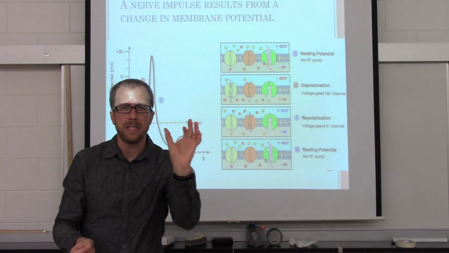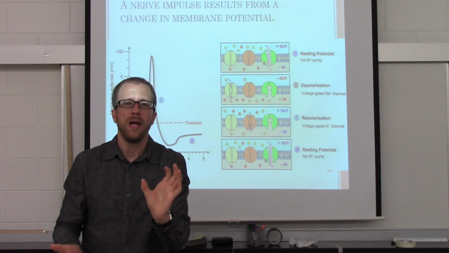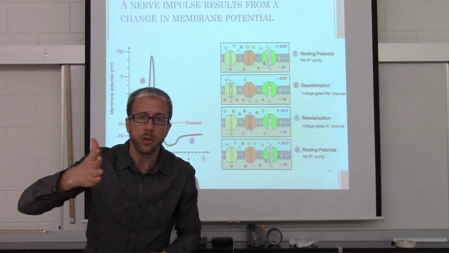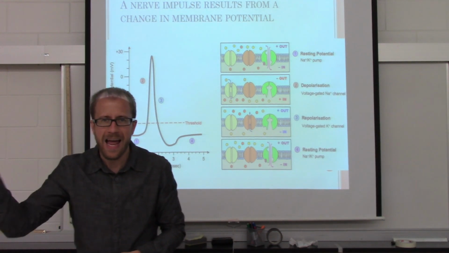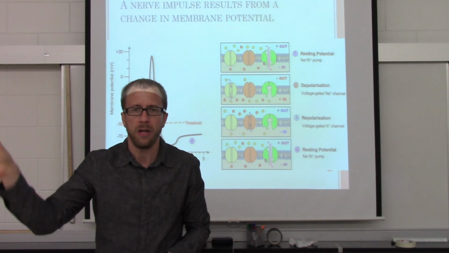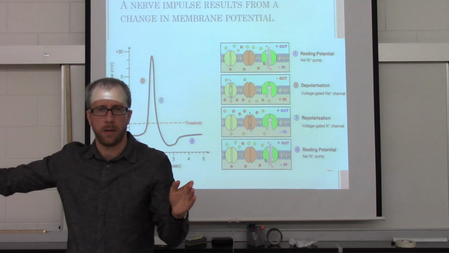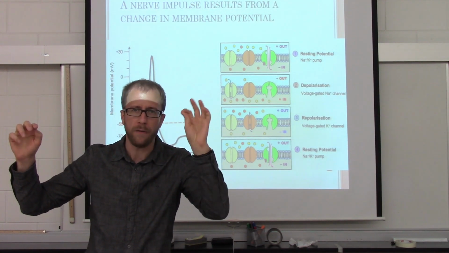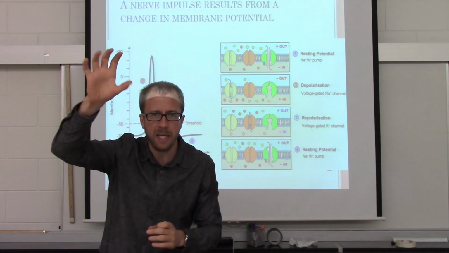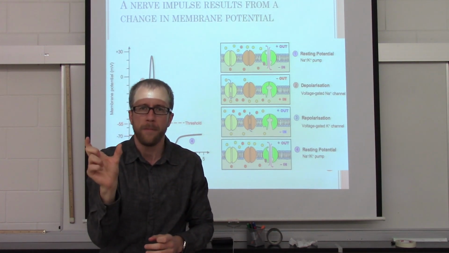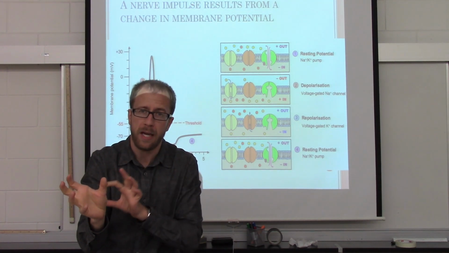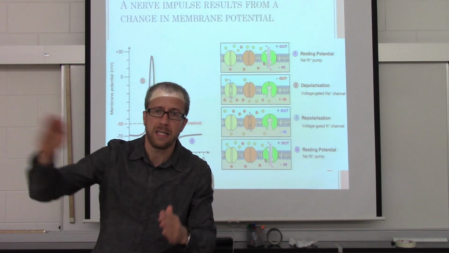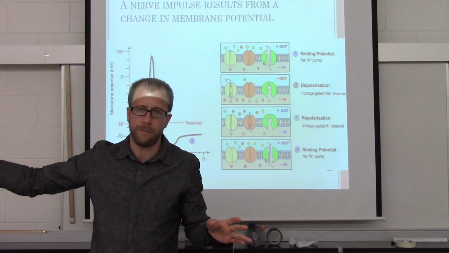Where you'll have these voltage-gated ion channels that will open up, allow sodium to rush in, and then that causes the threshold voltage to be reached on the next voltage-gated ion channel all the way down the neuron. So it may start at the dendrite, but if you reach that threshold value of negative 55 millivolts, this will cause a cascade where the opening of one channel will cause enough of a potential difference change of your membrane to open the next, and so on and so forth, until it reaches the end of your axon.